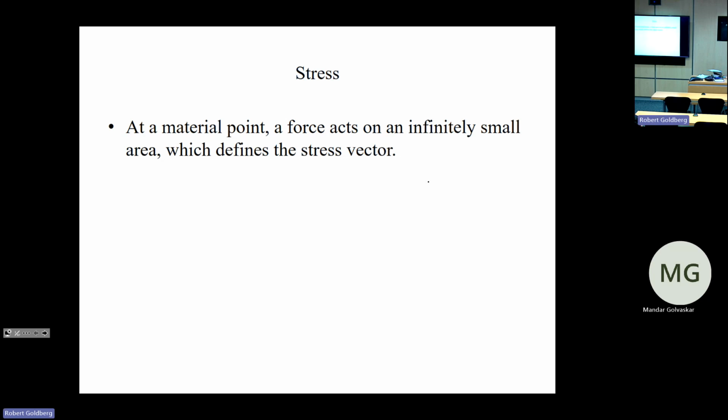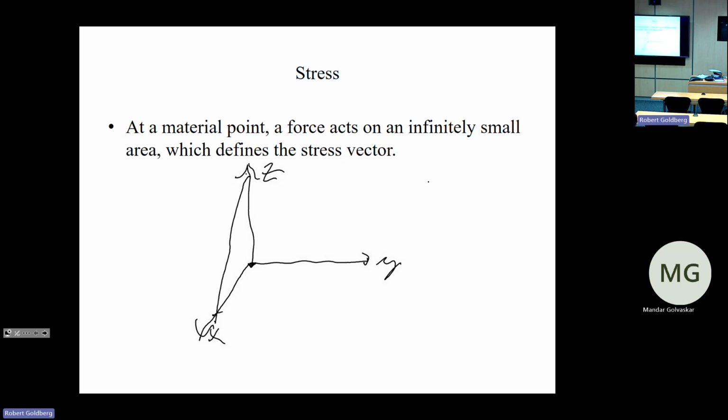So the first thing we're going to start with is stress, which is a concept you were introduced to as far back as sophomore strength of materials, but now we're going to do a more in-depth treatment. We imagine a material point in space, and we have our three-dimensional Cartesian axes x, y, and z, and we define an infinitely small area.